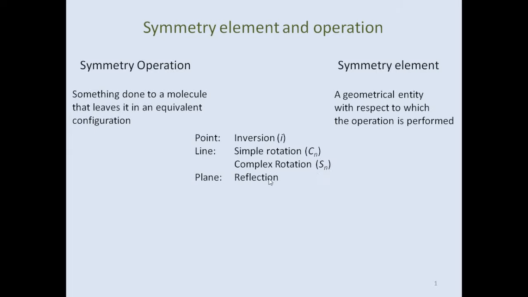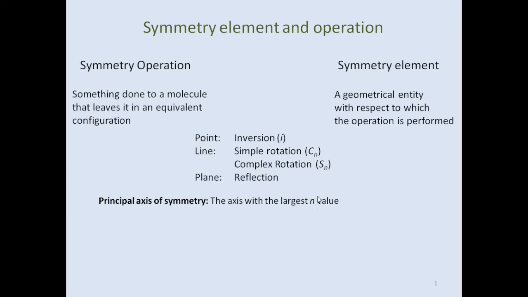And then you can have planes, the sigma planes, which are also symmetry elements. So what is the principal axis of rotation? The axis with the largest n value. What is the meaning of that? If you rotate the molecule by 180 degrees, it is a C2 axis.